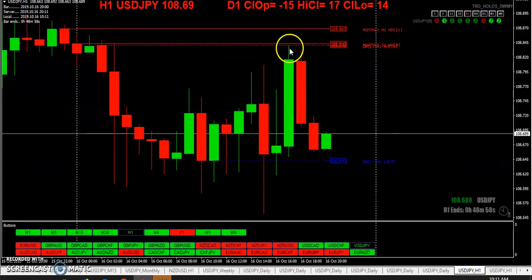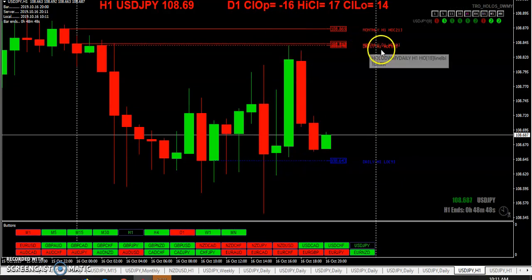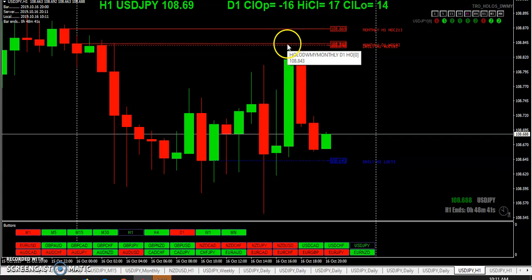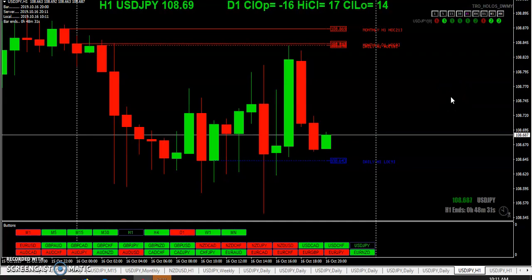You can see how price moved off the daily H1 highest open and the monthly D1 highest open right there. Once again, fundamentals, open, high, low, close.